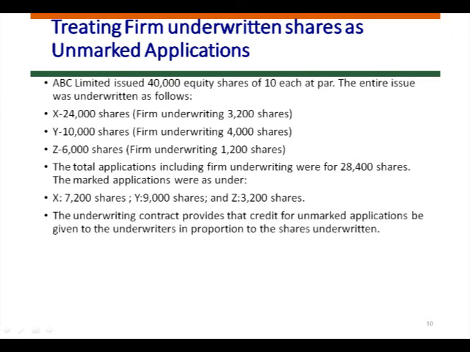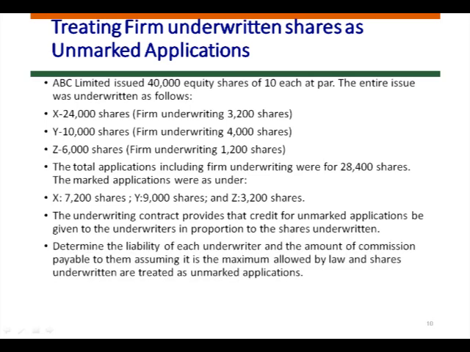The underwriting contract provides, now this is the provision written in the question, and we will be solving the questions accordingly, that credit for unmarked applications be given to the underwriters in proportion of the shares underwritten. And secondly, determine the liability of the underwriters and the amount of commission payable to them, assuming it is the maximum allowed by law. Shares underwritten are treated as unmarked applications.